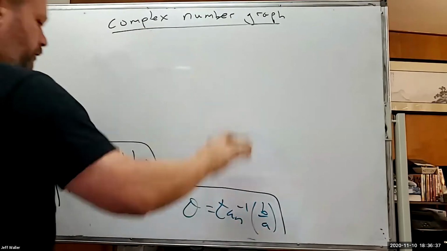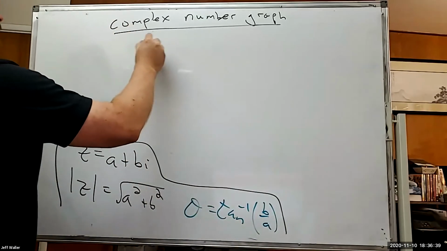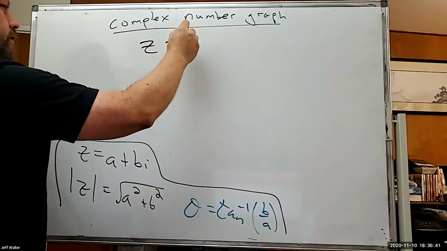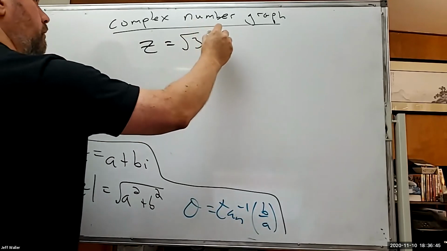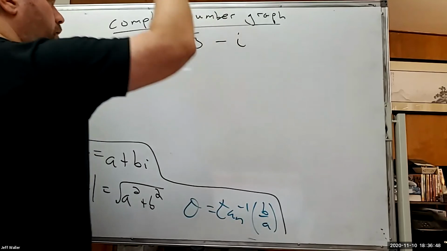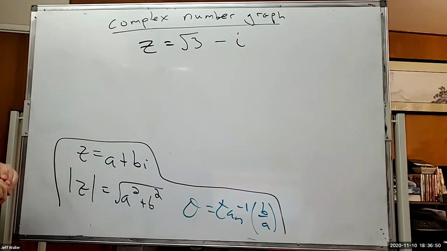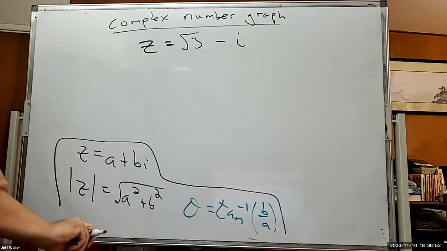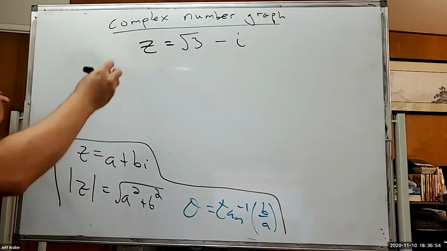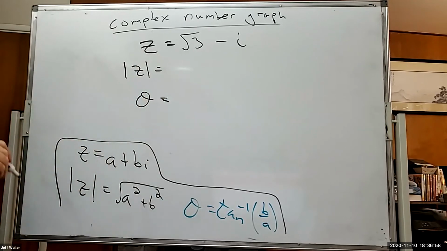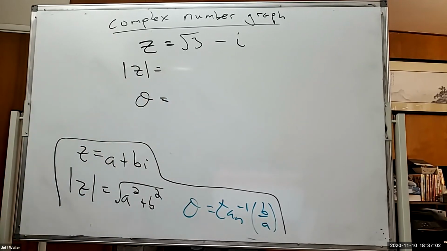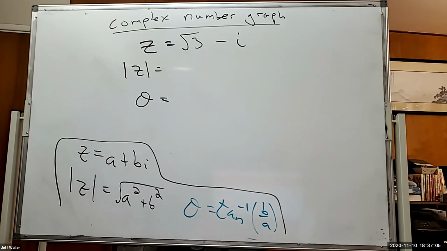Let me give you one that works out nice. But believe it or not, it's going to work out nice. Figure out what the absolute value is and figure out what the angle is. And you should be able to get the exact answer for the angle.